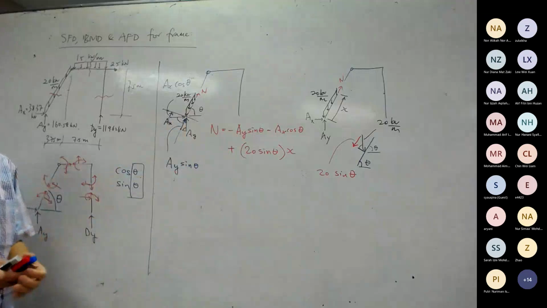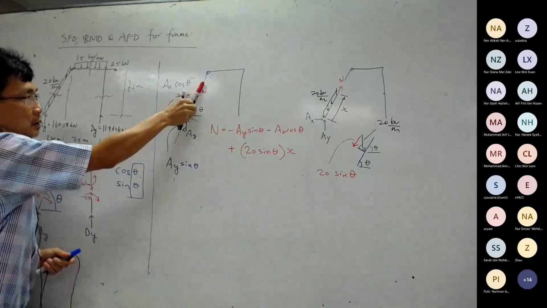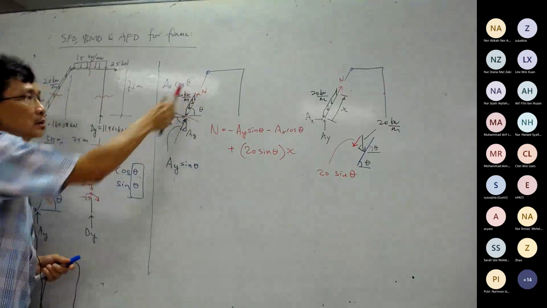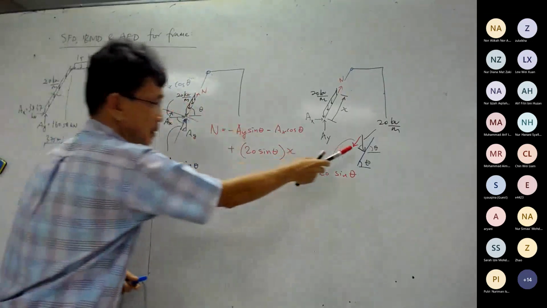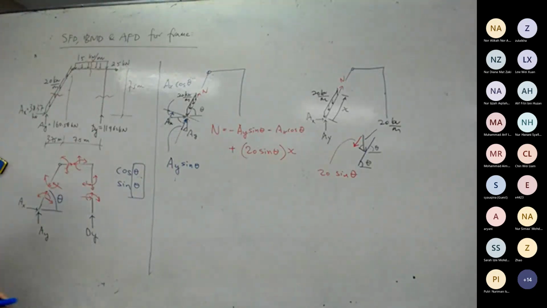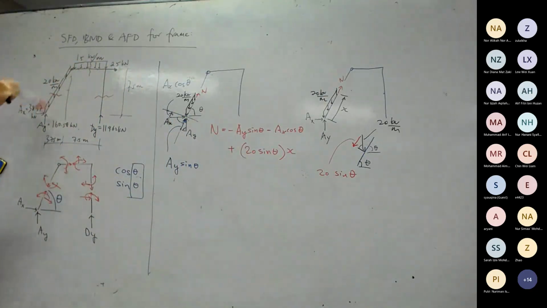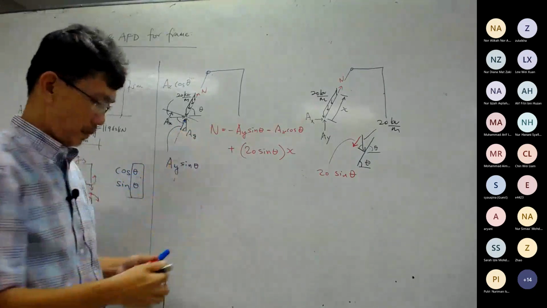So this has to be converted, get the component in this direction. This must get the component in this direction, which is this, and for this, which is this, and for this, which is here. Okay. So there are no other forces which we need to consider. So that will give us the axial force for this member.